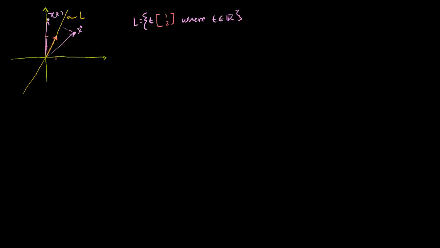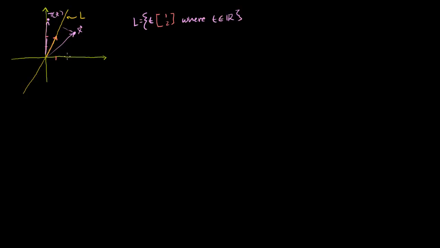I'll do another example. Let me give you a particular vector. Let's say I have a vector that's orthogonal to my line. I'll call it v1. Something that's orthogonal to 1, 2, I can switch these two guys and make one of them negative.